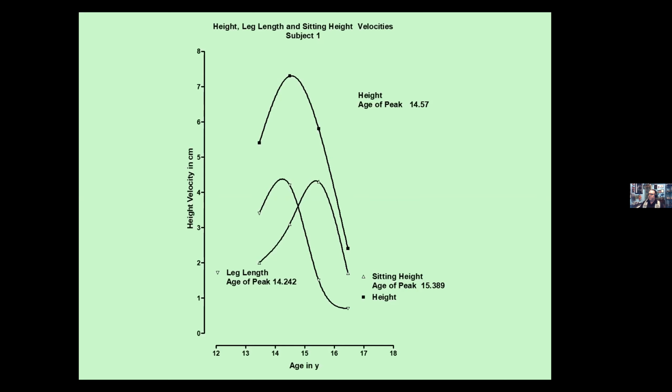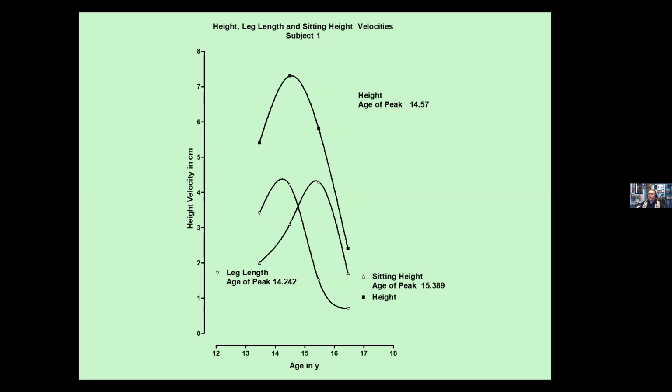And if we plotted the peak of their sitting height, that's your trunk length, so basically you're measuring height, measuring sitting height, and then taking the sitting height away from your height, you'll get a measure of leg length. So sitting height is a measure of trunk length. You can see that the trunk length peaks at 15.38 years.